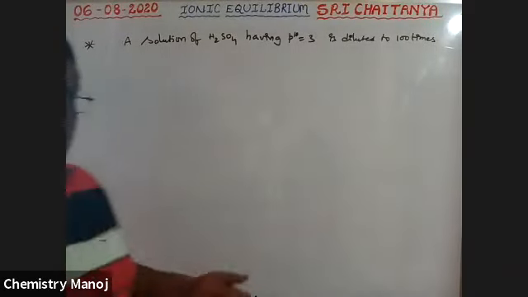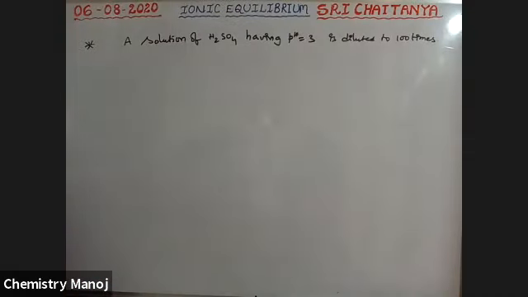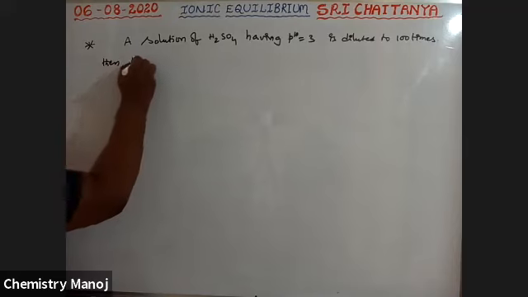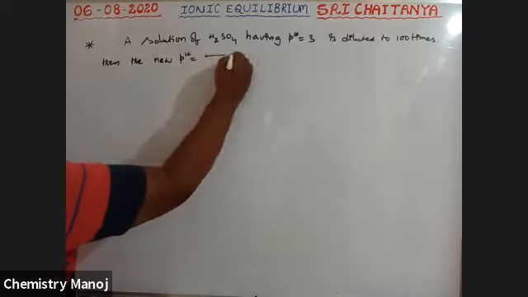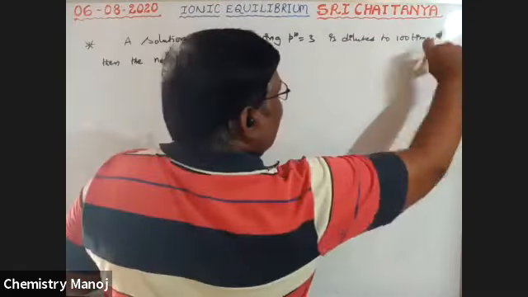That is 100 times, 1000 times, like this. So it is diluted 100 times. Then the new pH is equal to dash. This is the question, boys.